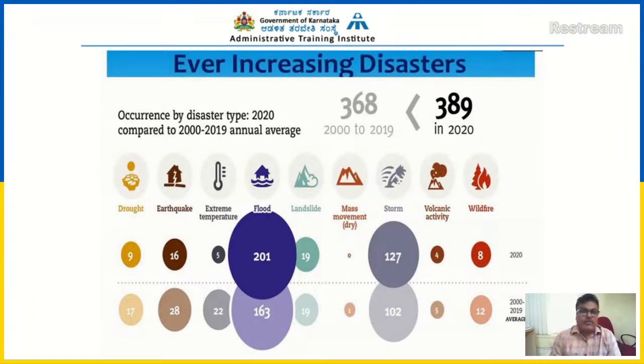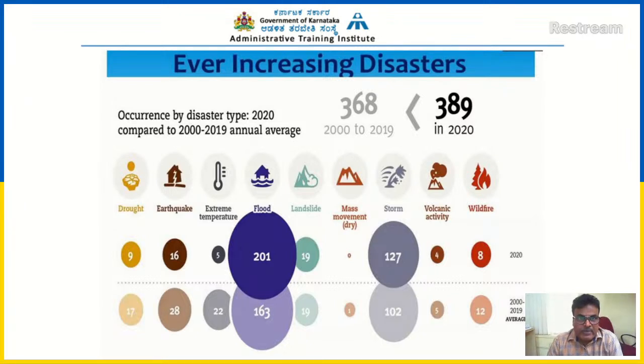So you can see from the screen, disasters are increasing every year, and you can see here the occurrence of disasters by type in 2020 compared to the average number of disasters in 2000 to 2019.